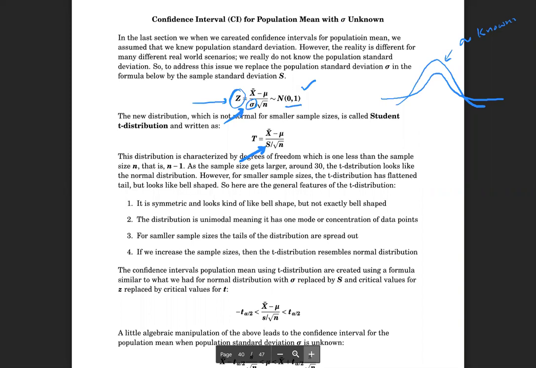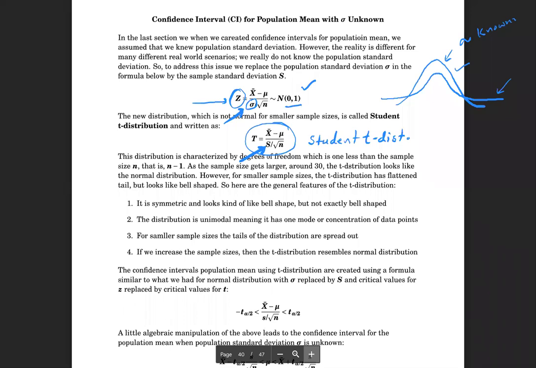As the degrees of freedom increases, this stretched bell-shaped curve becomes more and more like a normal distribution. That is the characteristic of this new distribution, which is, by the way, called the student T distribution. So please make sure that you're okay with it.